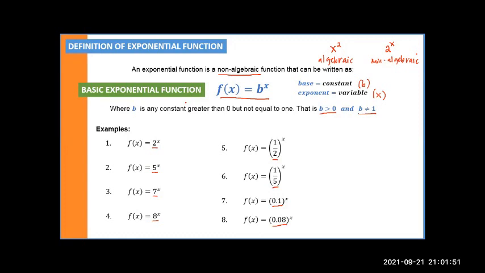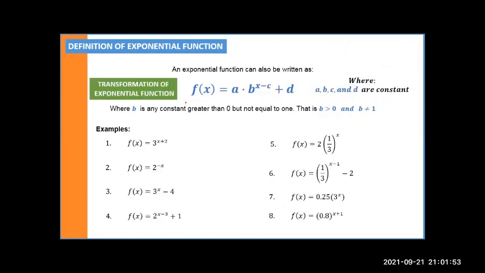Okay? Next, the exponential function can also be written as f of x is equal to a times b raised to x minus c plus d, wherein a, b, c, and d are constant.